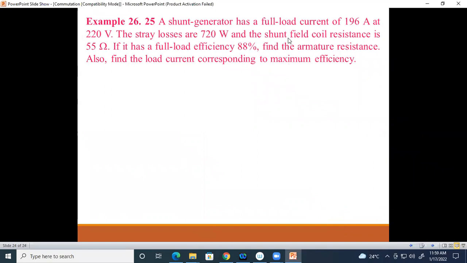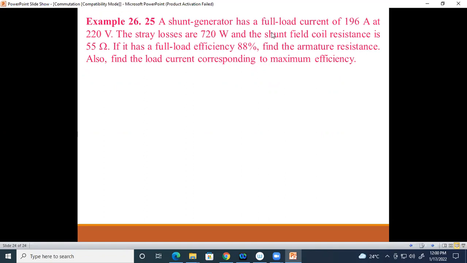All of you take this example for homework. It is the same problem, with a little bit of change. See, a shunt generator has a full load current of 196 ampere at 220 volt. The stray losses are 720, so again this will come under constant loss, and the shunt field coil resistance is 55 ohm.